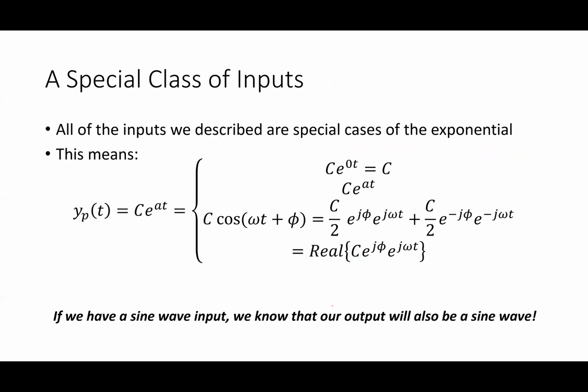So now what we said before is these are my special inputs. I said my special inputs have exponentials in them. If I have a constant as my input, or an exponential as my input, or a sinusoid as my input, I could guess something of the same form.